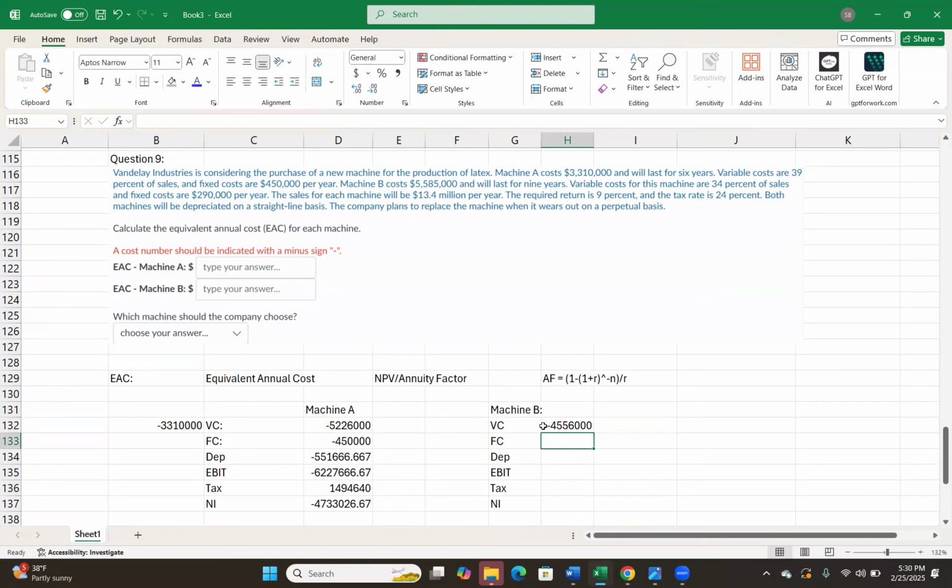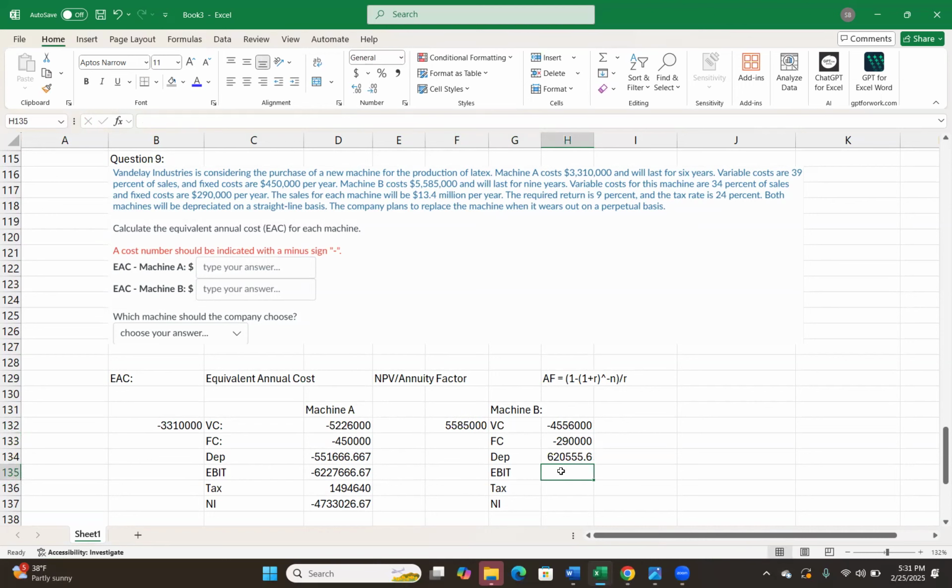Okay. Fixed costs are 290. Let's see. What else do we need? Depreciation is going to be, let's do this divided by 9. This is going to be 5585.